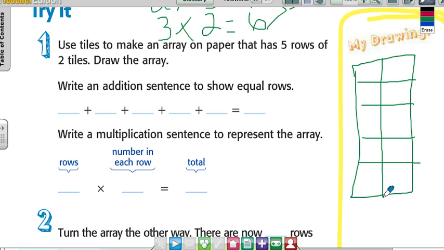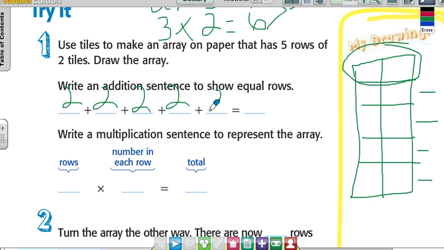Write an addition sentence to show equal rows. So how many in each row? 2. How many in this row? 2. How many in this row? 2. How many in this row? 2. Okay.